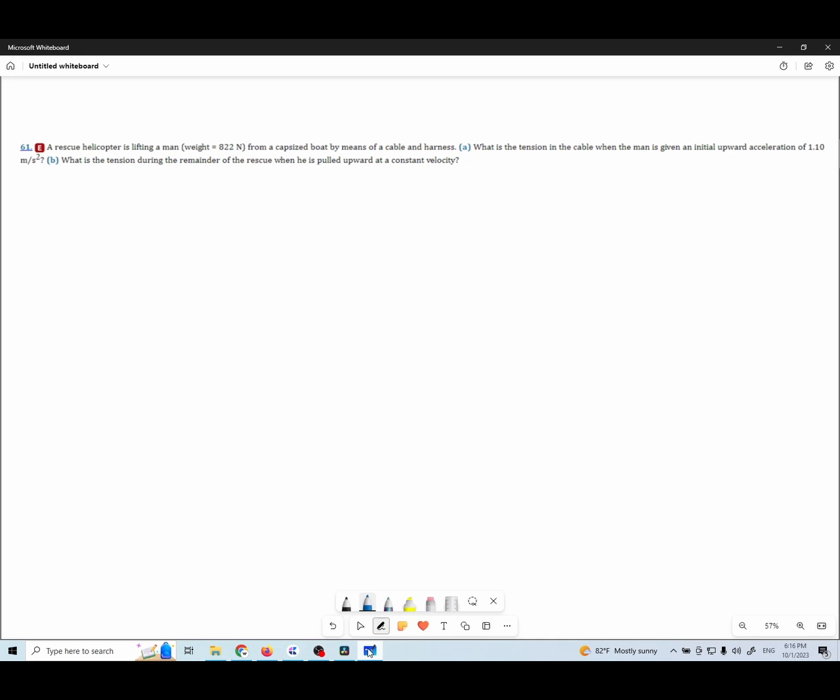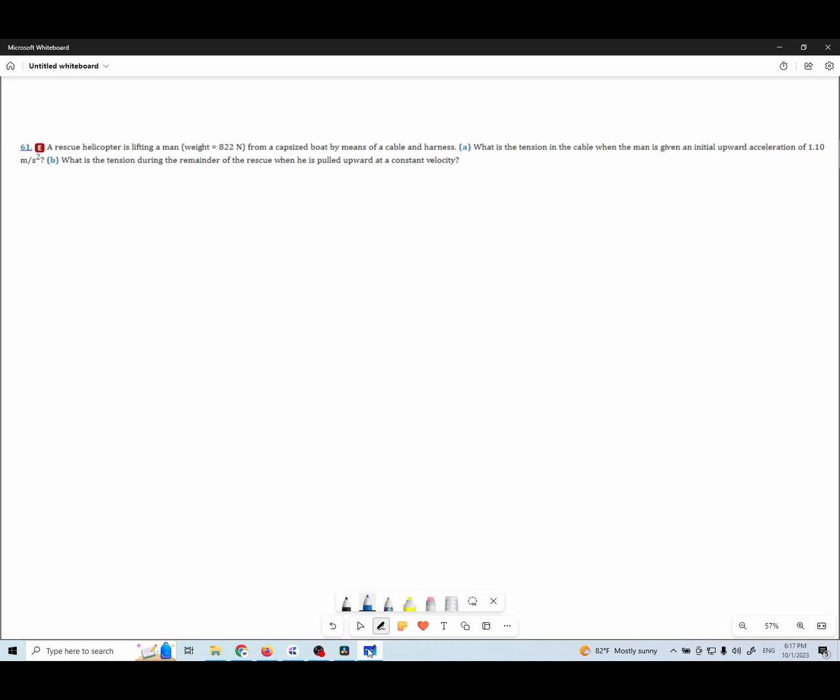In problem 61, we have a rescue situation where a man is being lifted from a boat. In part A, they are asking what tension will be needed if the man has an upward acceleration of 1.1 meters per second squared. This is a 1D problem, and we can do our reasoning in the head.